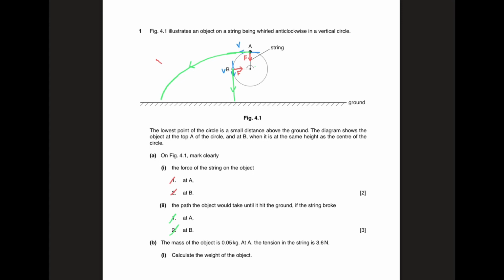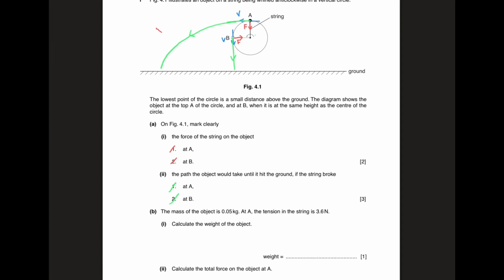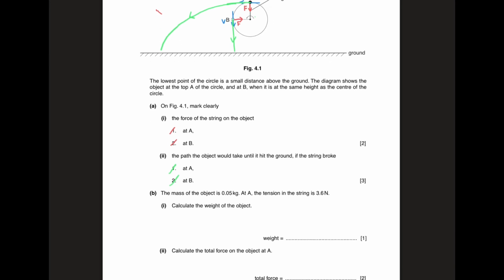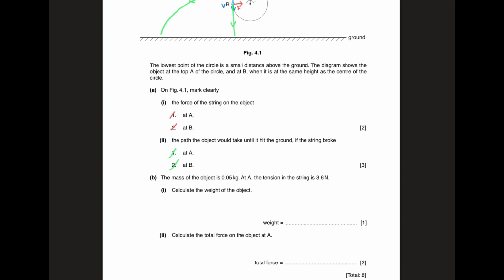Okay, now we look at part B then. The mass of the object is 0.05 kg. At A, the tension in the string is 3.6 Newton. Calculate the weight of the object. Okay, so let's see how we count the weight of the object.